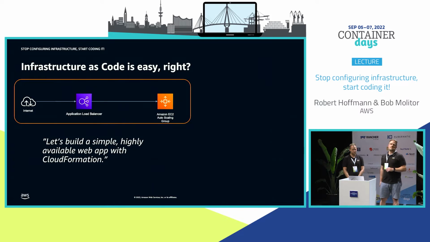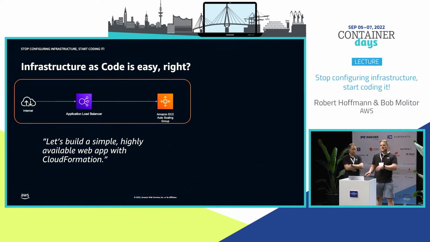Coming back to writing a lot of YAML. If you're starting out with infrastructure as code, you might think it's super easy, right? So let's just pick an example here. I just want to build a very simple application, so it should be a web application. For that, I need a load balancer that's connected to the internet.